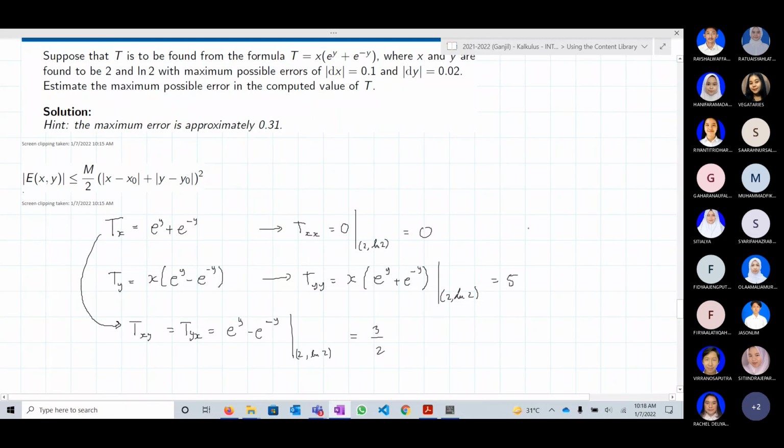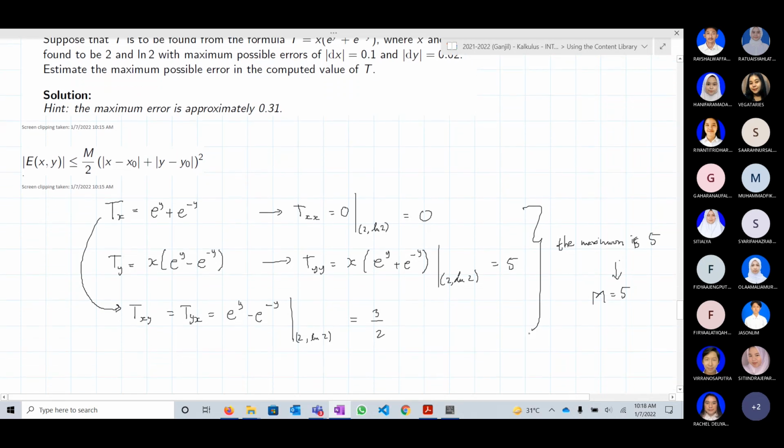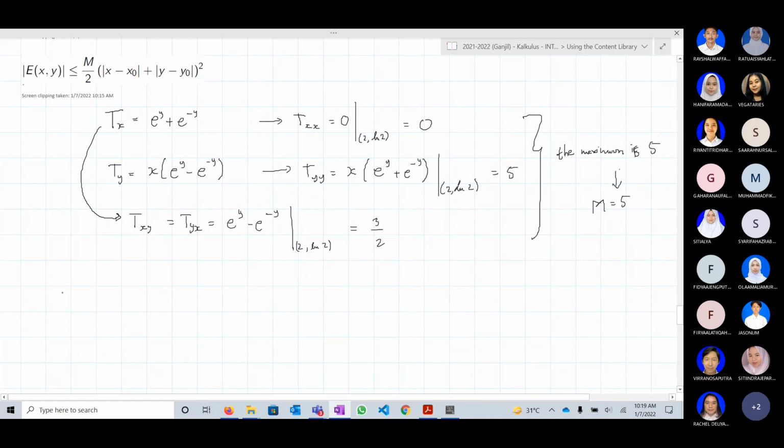So in this case, the maximum is 5 over 2. So in this case, we have that M is equal to 5 over 2. So what we need to find is the error.